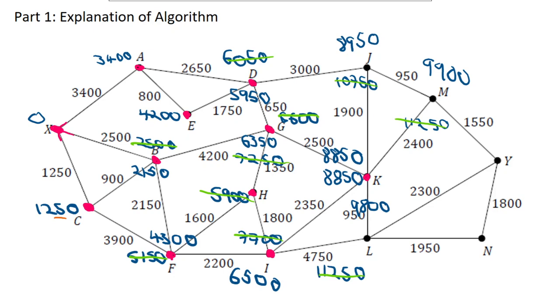So that's 9800 plus 2300 is 12100. 9800 and 1950 is 11750, which means L is visited.